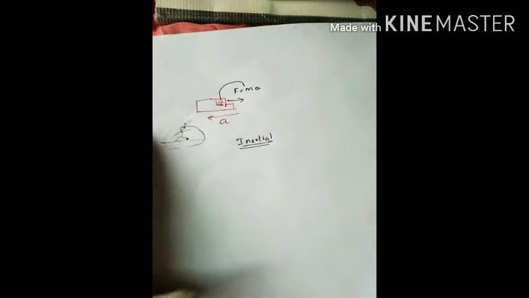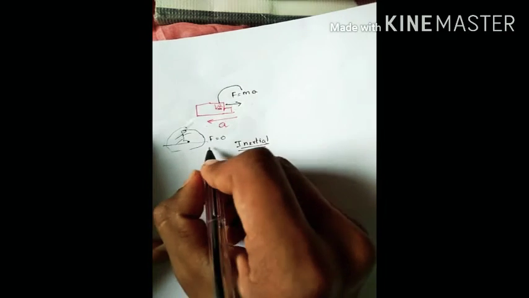When we consider a frame of reference, say something like a road or a tree, I'm standing here just seeing, and this is a frame of reference. I am considering this point to be a frame of reference. At this point, the net force acting may be 0, and there may not exist any acceleration.